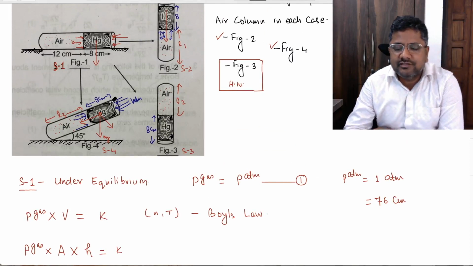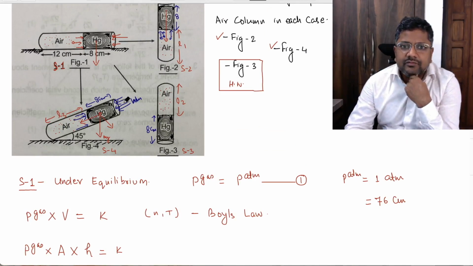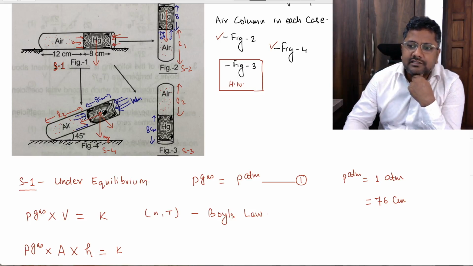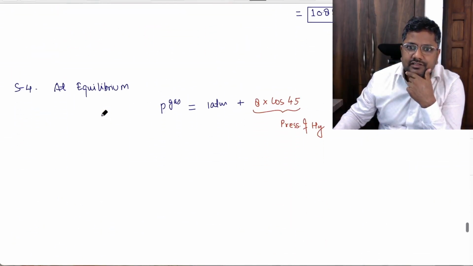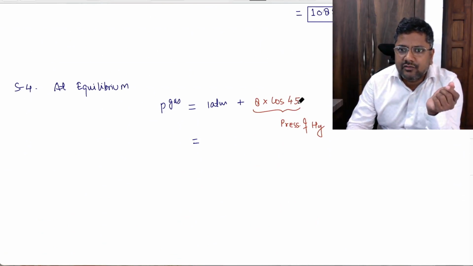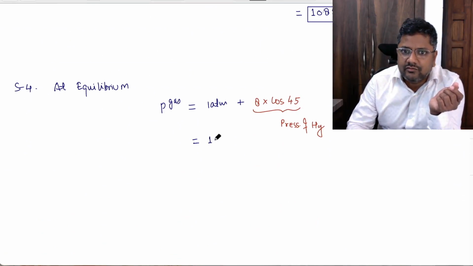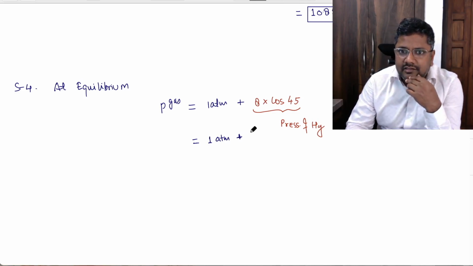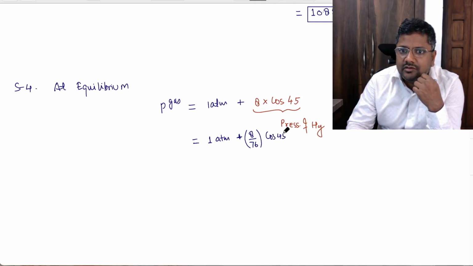Both are balanced. So you can equate like this, right? So 1 atm plus 8 by 76 atm cos 45.